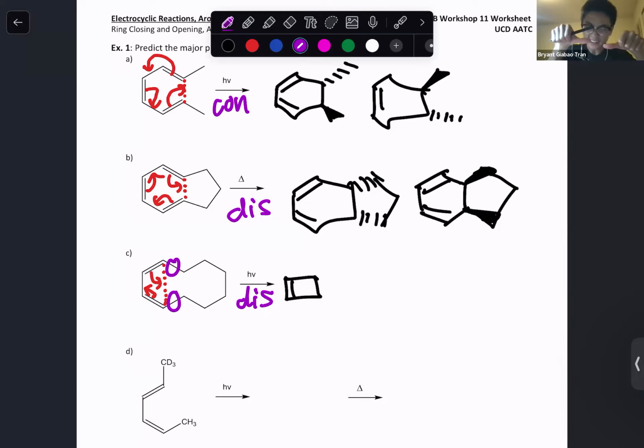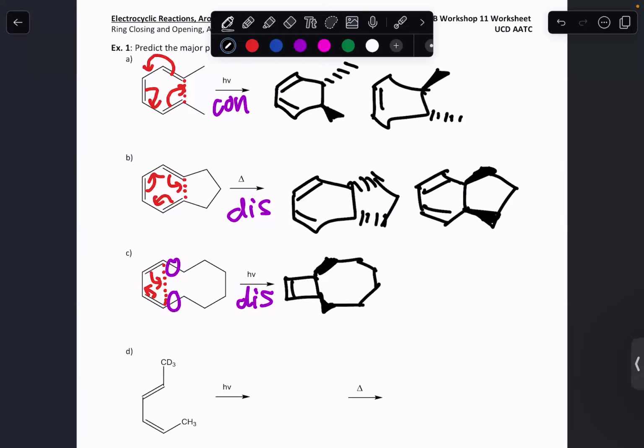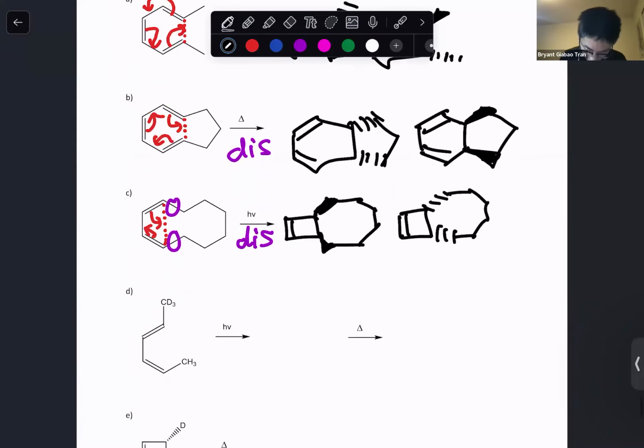One will rotate clockwise, one will rotate counterclockwise, and that makes them cis to each other. The way I did it, they're both facing up, but they could also go the other way, making them dash.